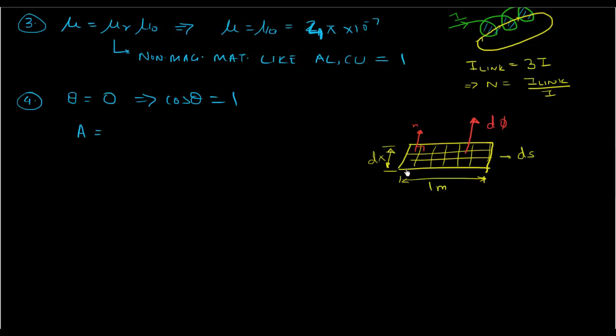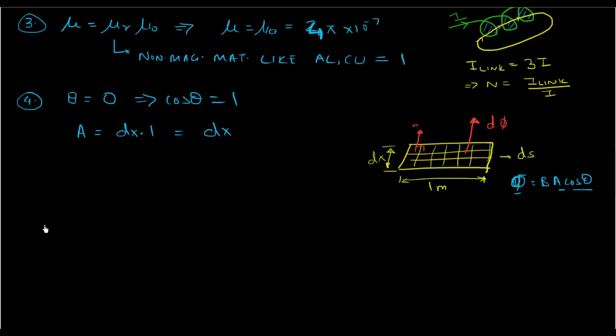It's dx times 1 meter, which gives us dx. I want you to remember this as we do our derivation, because this will come in handy when we said flux phi is equal to B A cos theta. At that time, now you know your A, you know your cos theta is 1. So this will be helpful when we are writing our formulation down.